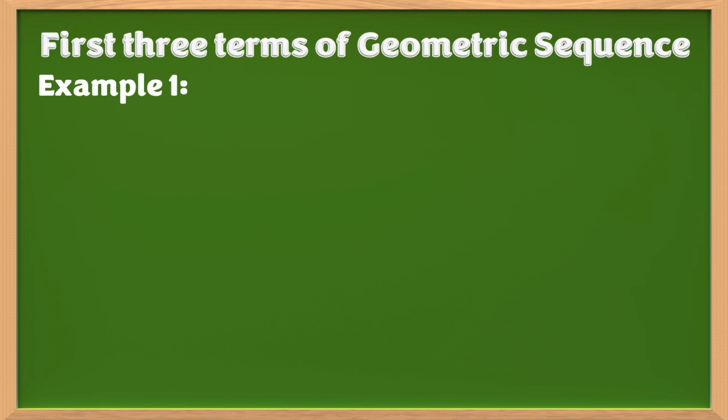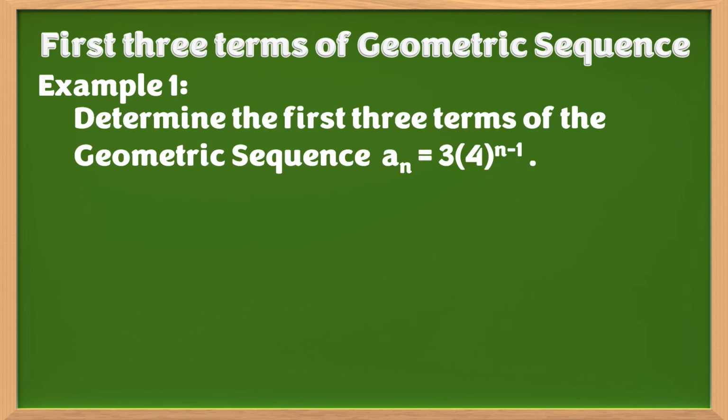Let us discuss now the process on how to determine the first 3 terms of a geometric sequence. For example number 1, determine the first 3 terms of the geometric sequence a sub n equals 3 times 4 raised to n minus 1. So for the solution, first we're going to determine a sub 1, and a sub 1 is 3.